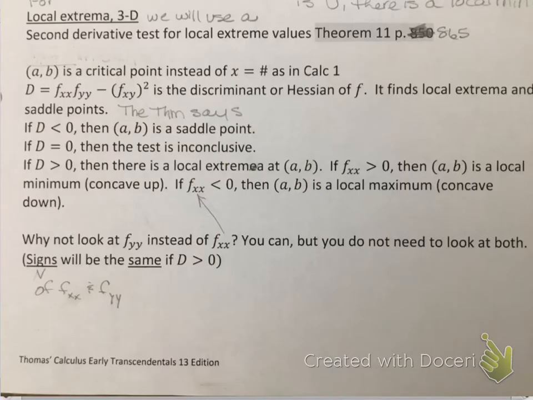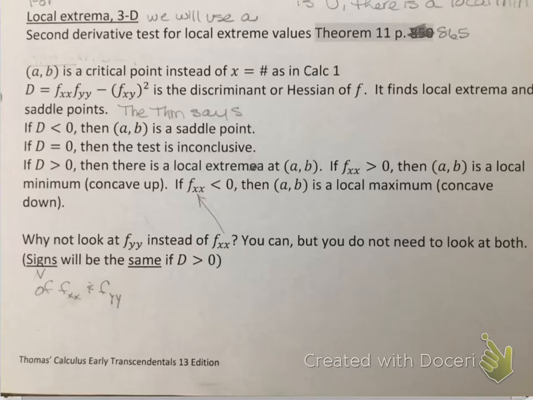For local extrema in 3D, we're going to use a particular second derivative test. You can look in your books for Theorem 11. But instead of having an x-coordinate that tells us where our local min or max is, our critical point this time will be an ordered pair.